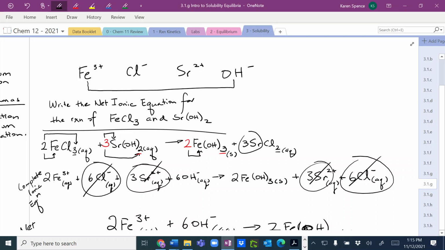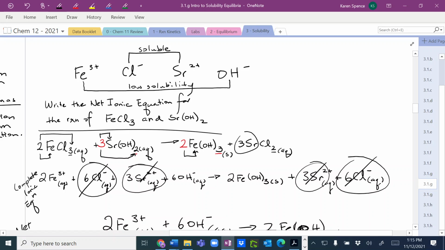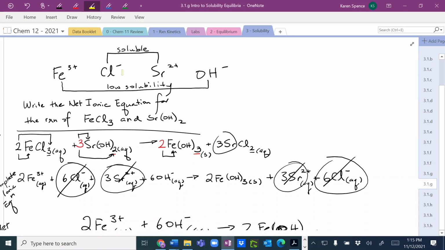Iron hydroxide is low solubility. Strontium and chloride is soluble. So all you need to do is identify your low solubility product, or products if there were 2 of them, and you write that as your product.